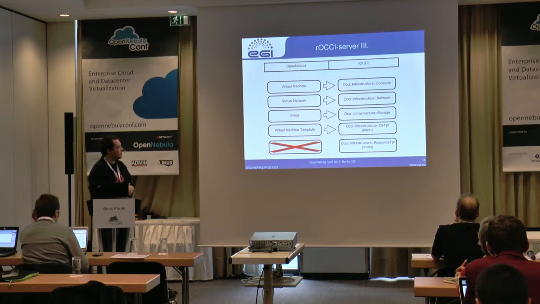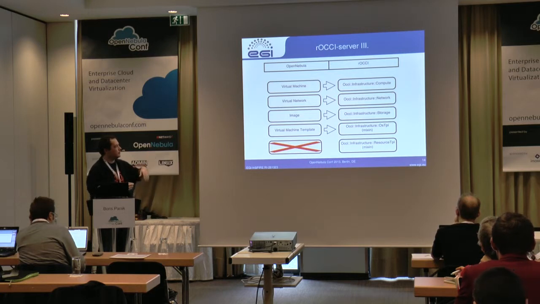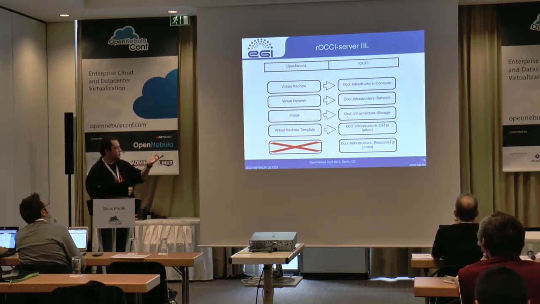So what's the representation? If you would like to know what is represented in rOCCI from OpenNebula, virtual machines are represented as compute, virtual networks as network, images as storage, and virtual machine templates are represented as the OS template mixin.